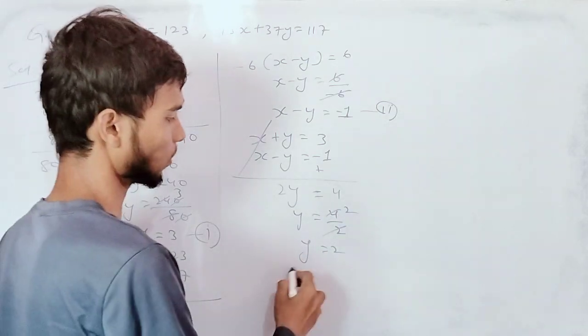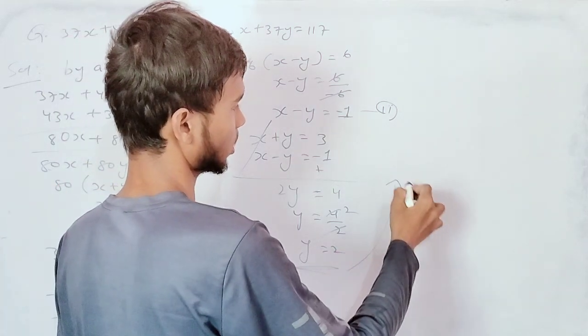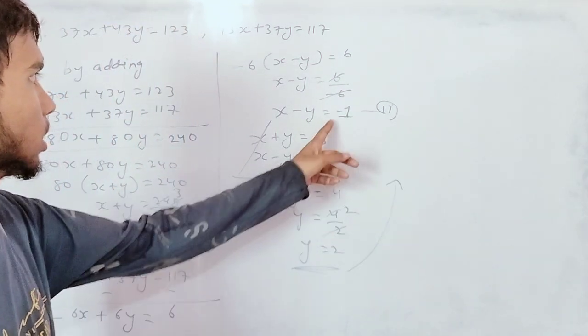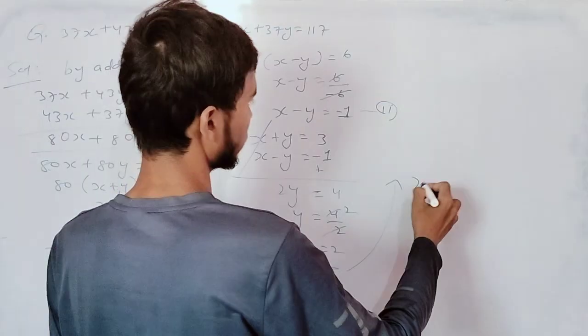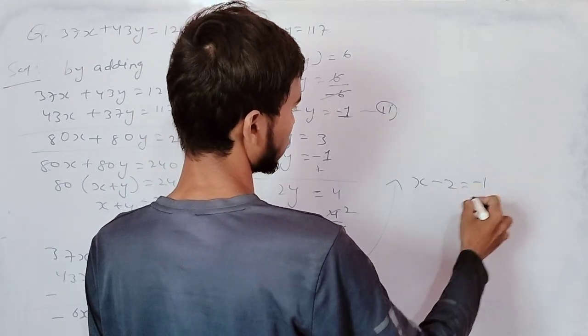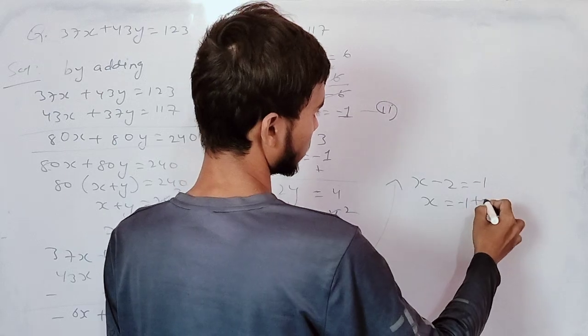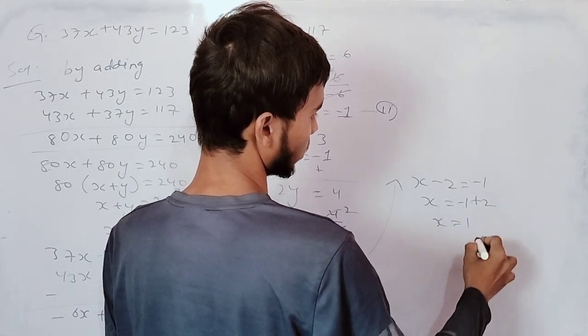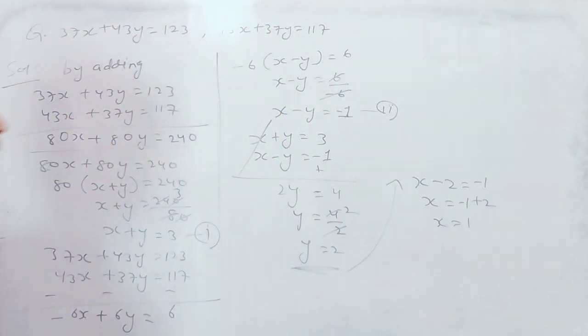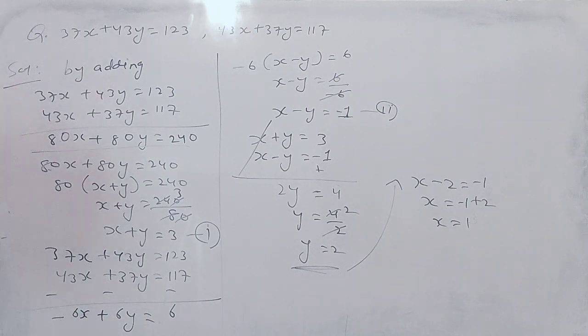We will substitute the value of this in this. So x minus 2 is equal to minus 1. Minus 1 plus 2, x came as 1. So finally, you got y as 2, x as 1.